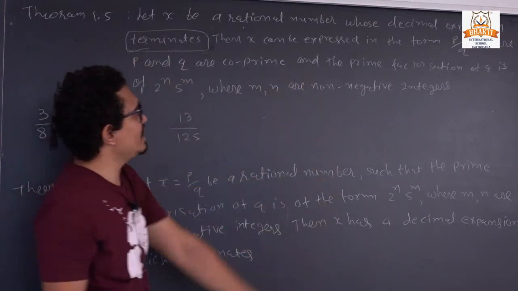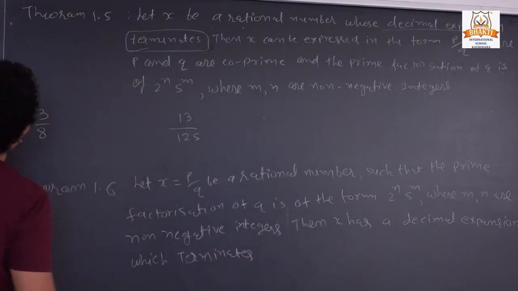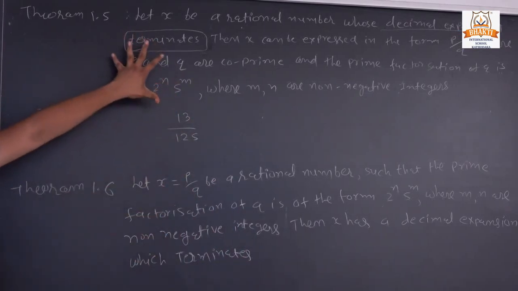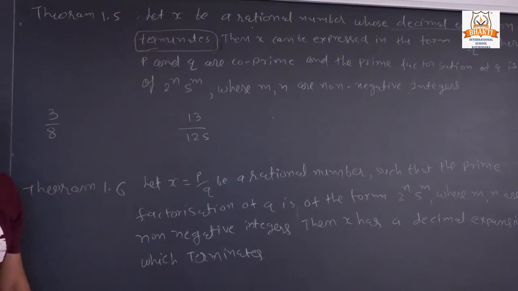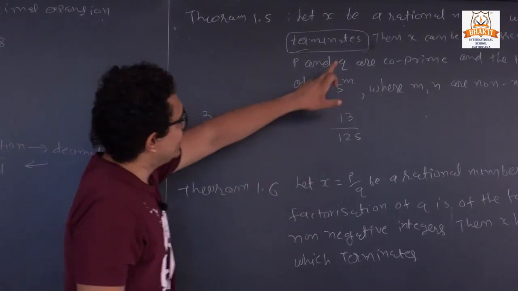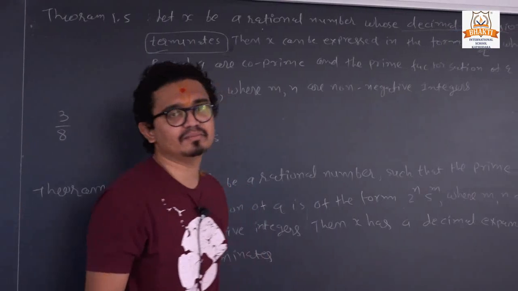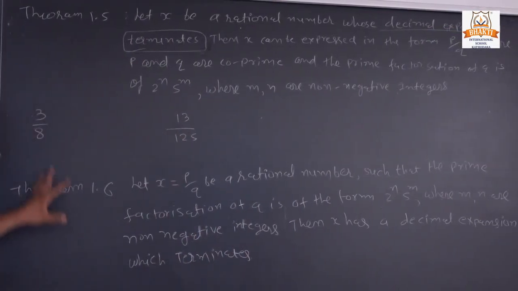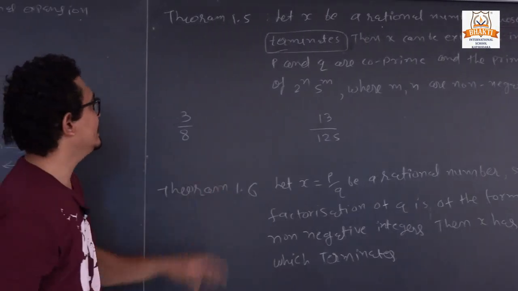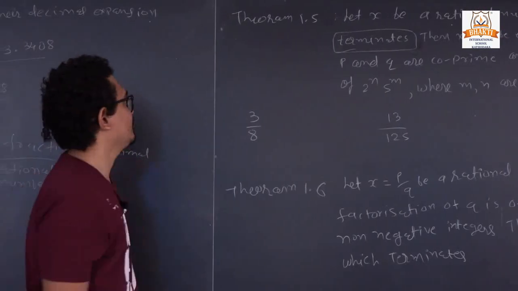If any decimal expansion terminates, it means the remainder will be 0. Then x can be expressed in the form of p by q. So for that we are taking two examples, so you can get the idea how we can convert that number into the decimal form.